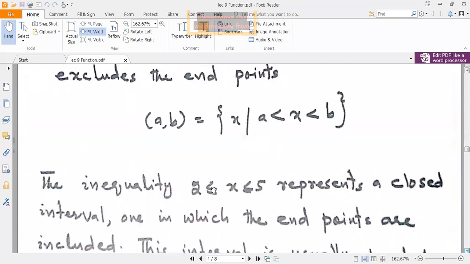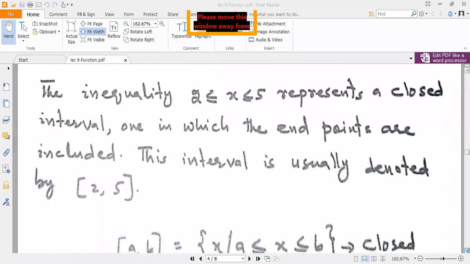Just like, writing 2 is less than or equal to x and x less than or equal to 5 represents a closed interval. In a closed interval, the ending points are included. It is usually denoted by [2, 5]. Now here [2, 5] means starting from 2 and ending at 5, meaning 2 is also here, 2.5 is also here, 3 is also here, 4, 4.5 up to 5.